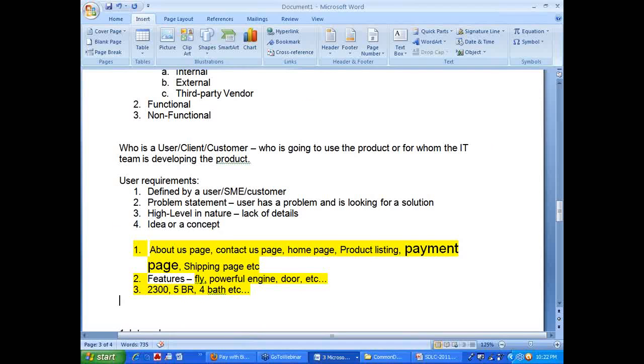The other example I give students is a patient to a doctor.